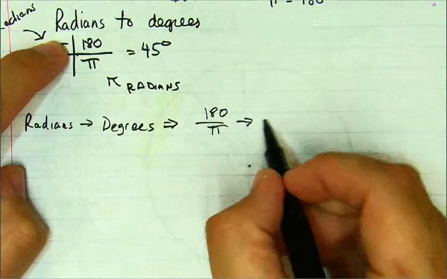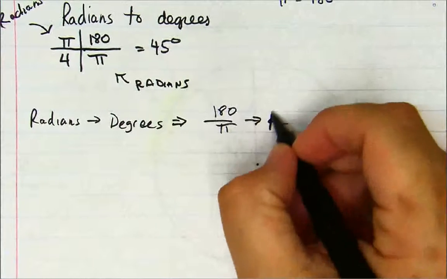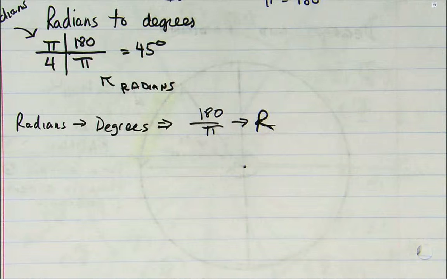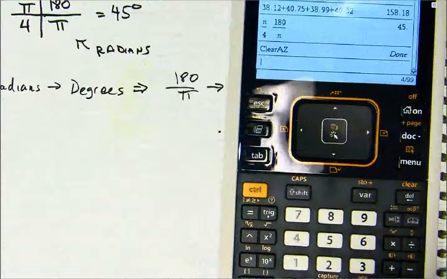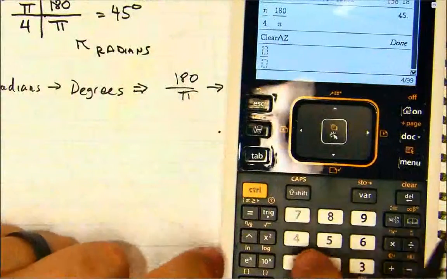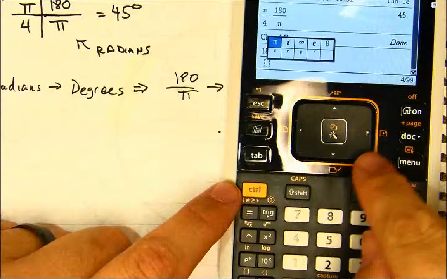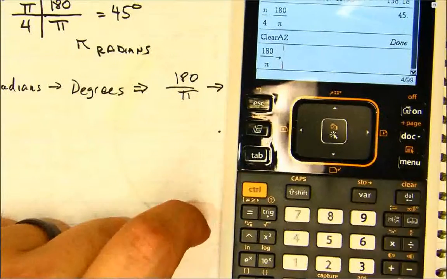I might put that in A. Or, better yet, put that in R, because that'll give me my radians. So I want to put 180 divided by pi, store that in R.